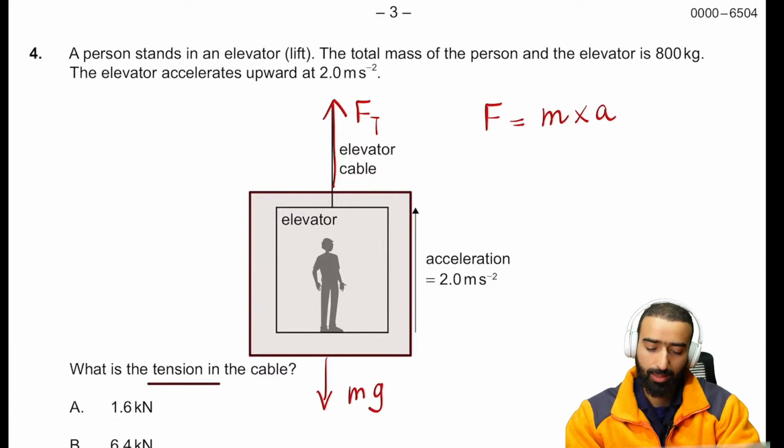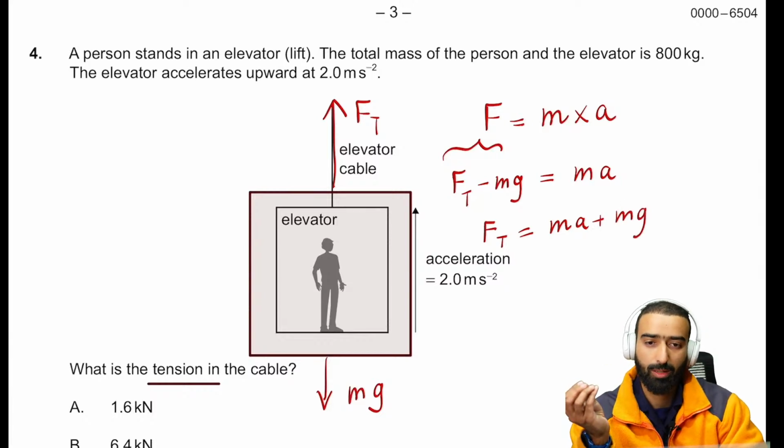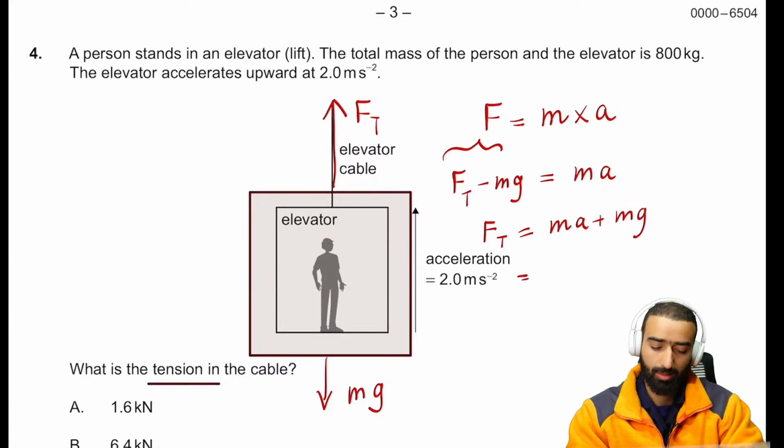So I can write the total force as Ft minus mg equals ma. I can rearrange this equation and write it as Ft equals ma plus mg. Now I just substitute the values for m, a, and g. So let's do that.